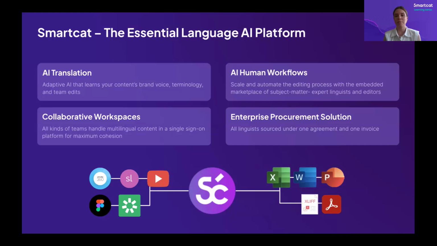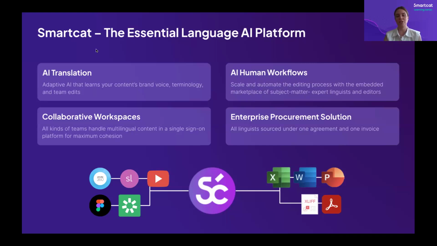The editing process can be scaled up quickly, accessing the largest embedded marketplace of linguists, the Smartcat Marketplace, which is all AI automated. More than 1,000 global companies, including 50% of the Fortune 500, trust Smartcat to communicate their innovations and ideas all over the world. So that's just a quick summary of what Smartcat is.